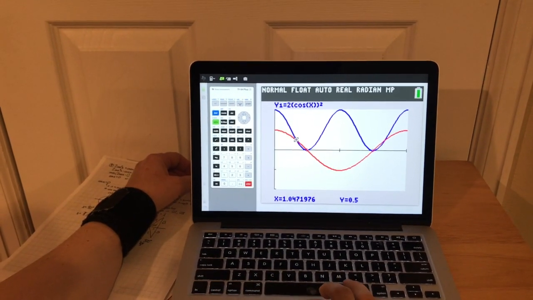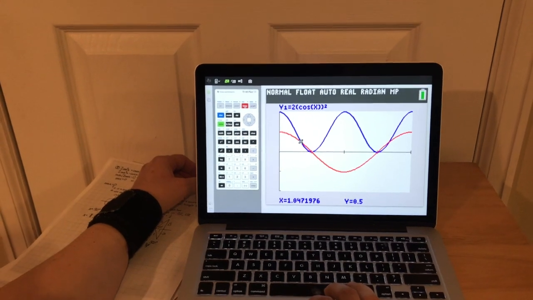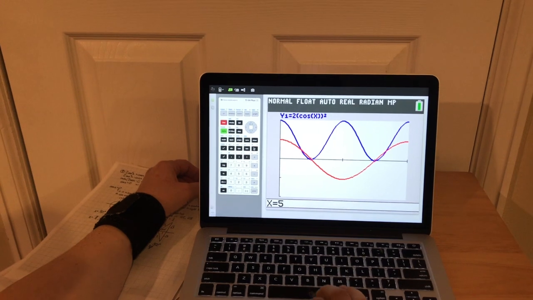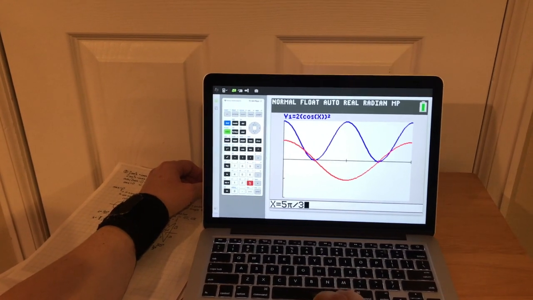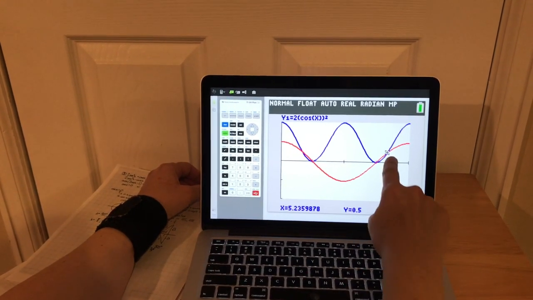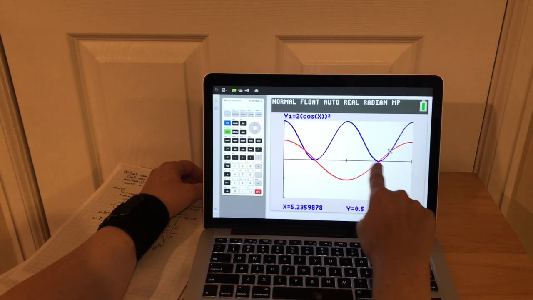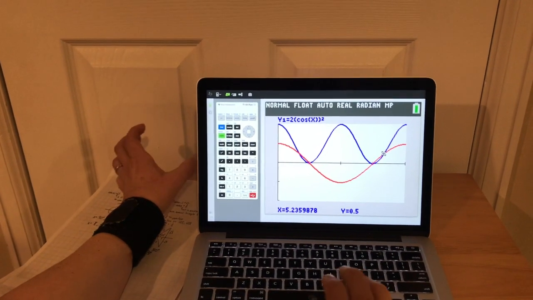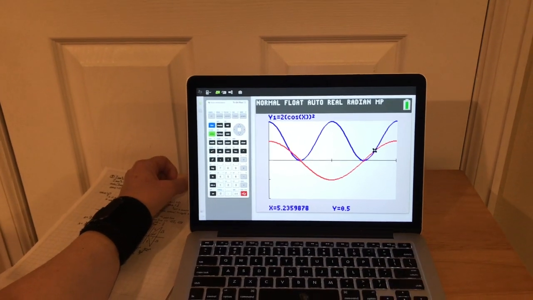And our other value was 5 pi over 3, so I type in 5 pi over 3, and that gives me this point right here. So our total of 4 intersection points corresponds to the 4 solutions to our equation. Okay.